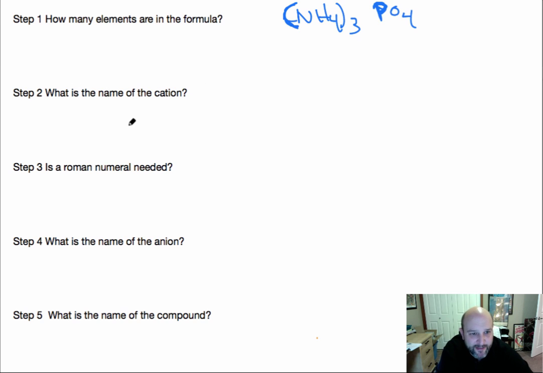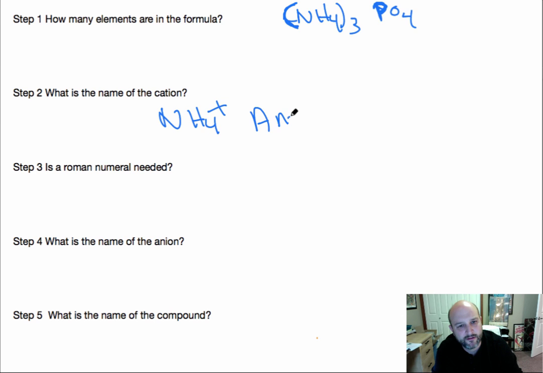If we find it in the table in our book, NH4 was revealed to be called the ammonium cation. Is a Roman numeral needed? No, there's only one charge, again, by our book. What is the name of the anion? In this case, it is called the phosphate ion. So it's PO4 3 minus.